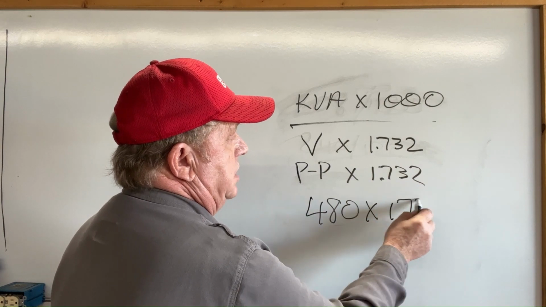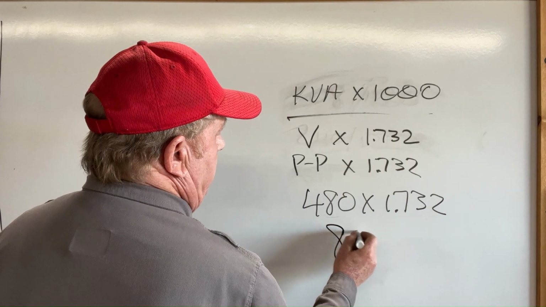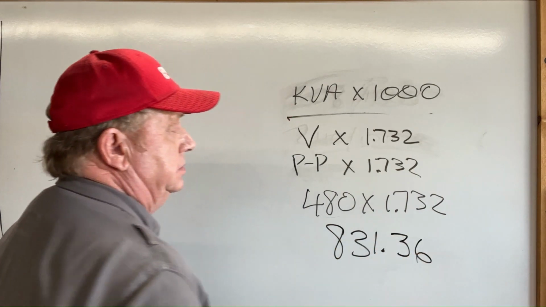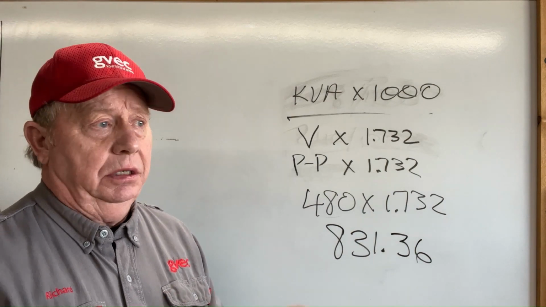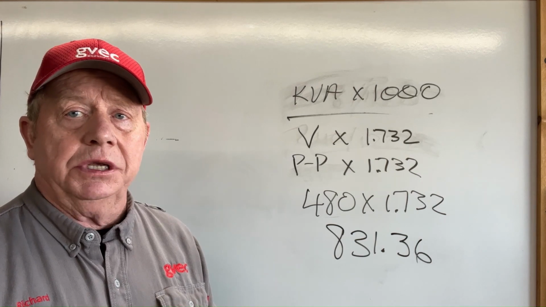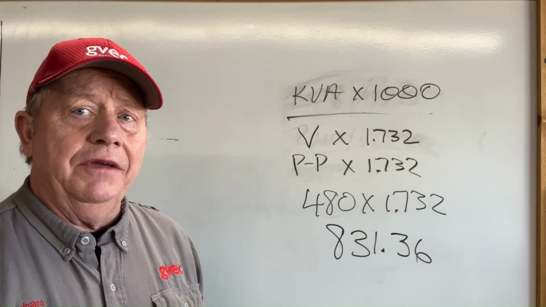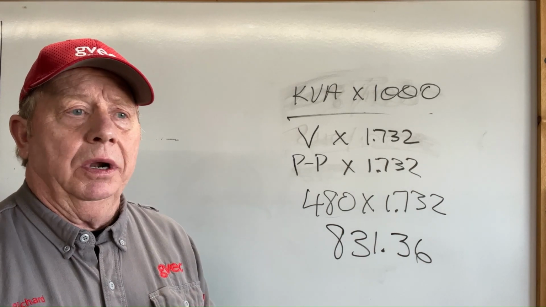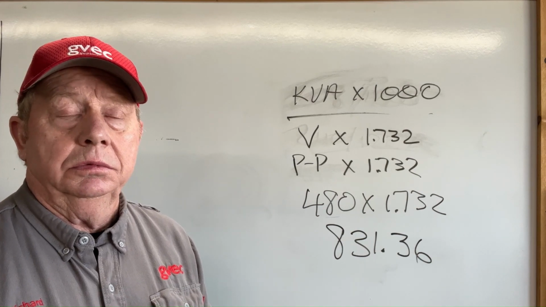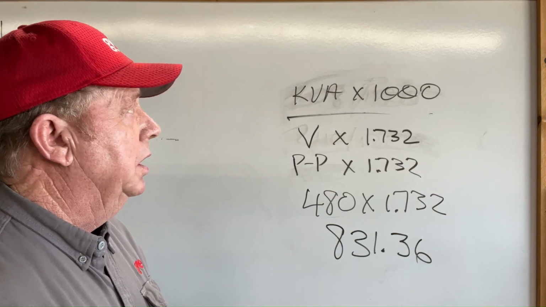Okay, so if I have 480 volts times 1.732, the answer is 831.36. So let's pretend that we're doing the output math at 100% rating for a 100 kVA pad mount. That 100 kVA pad mount's going to have 3 coils, 33.3 each, totaling 100.